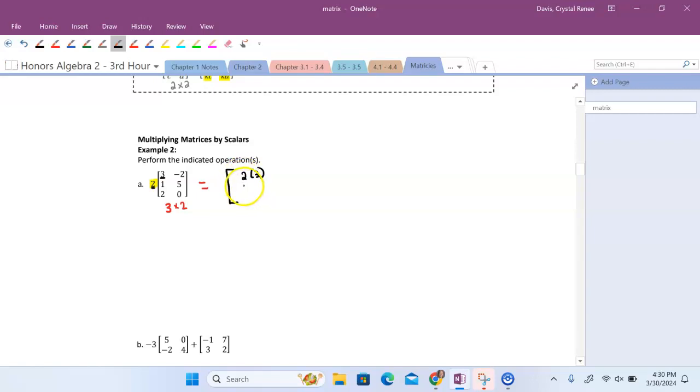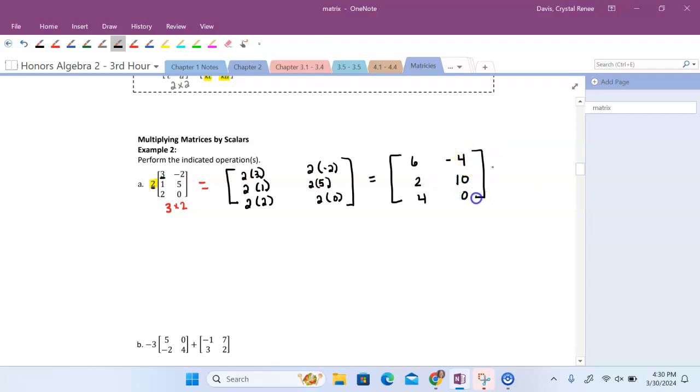If I work down, this would be 2 times 1, and this would be 2 times 2. If I go to my second column, I have a 2 times negative 2, a 2 times 5, and a 2 times 0. And when I clean this all up, I get a 6, 2, 4. 2 times negative 2 is negative 4. 2 times 5 is 10, and 0. And this here is my final answer.